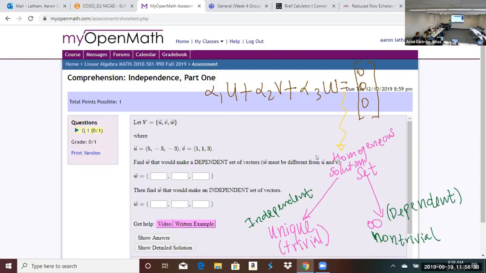But maybe one of the alphas is 0 while the other ones are not all 0, right? That would be a case of non-trivial solution set and therefore dependence. Another implication of having a set of vectors that is dependent, in this case a set with only three members, is a sense of redundancy.